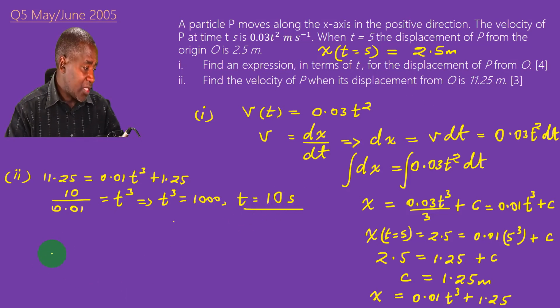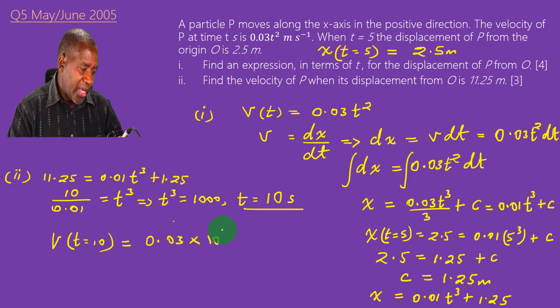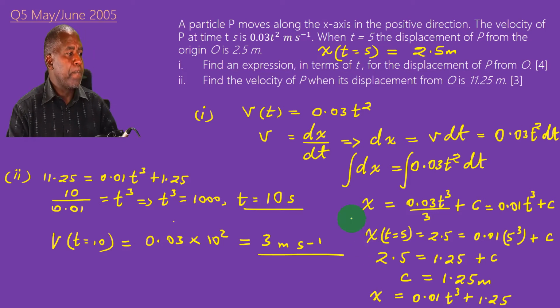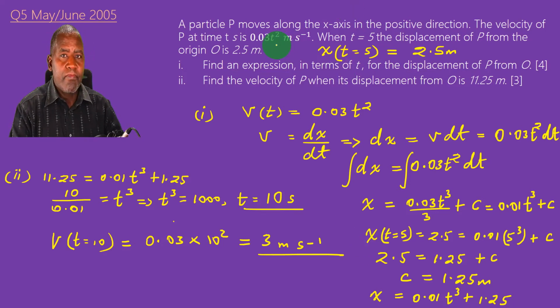So since I know the time, I come here and say, therefore, velocity when t is equal to 10, I now substitute that value here, 0.03 times 10 squared, which is 100, and I think this one should give me 3 meters per second. And that becomes the answer. It's just as simple as that.